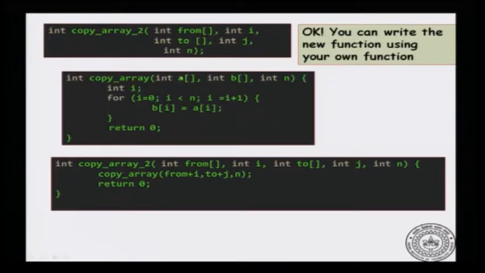Copy array will start from A of 0 and copy n elements to B of 0 and so on up to B of n minus 1, and that function I am calling using the address from plus i, to plus j, and n. n is the number of elements I want to copy. Now I will justify that this works.